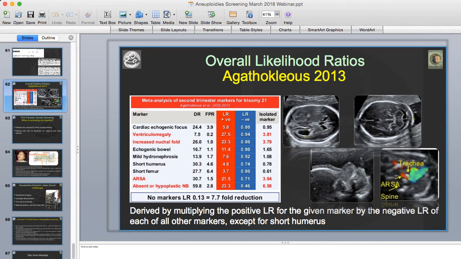For each of these, you have a positive likelihood ratio and a negative likelihood ratio, and then you multiply that, add it to the risk obtained from the combined test or the quad test, and then give a new risk and help the patient to decide.